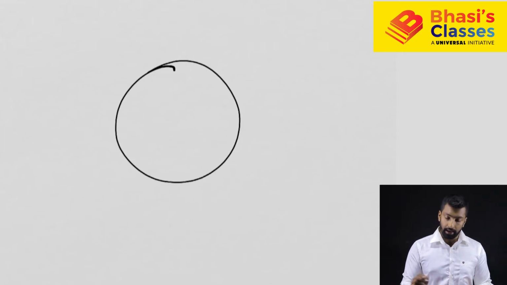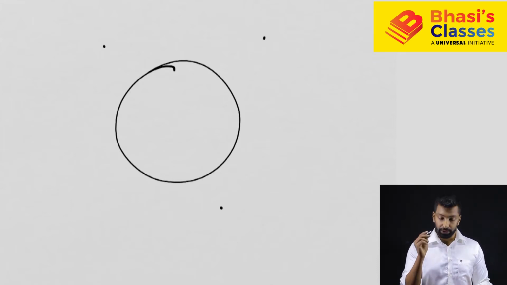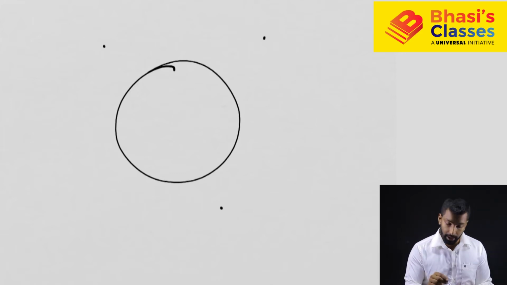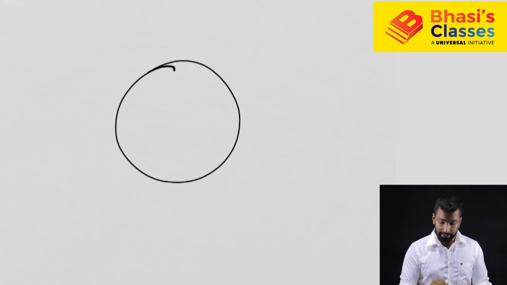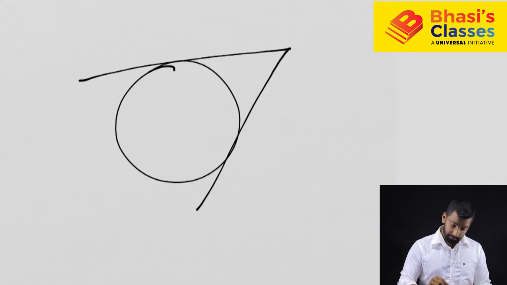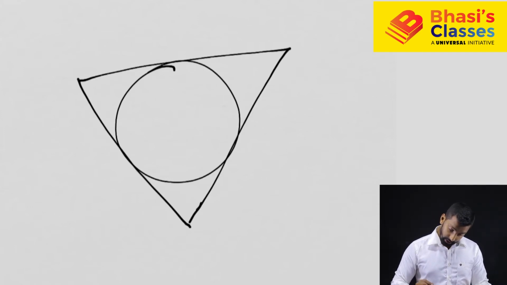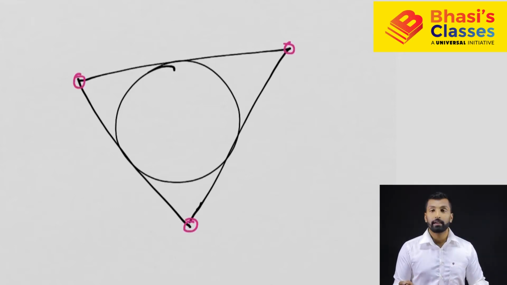Now if you see 3 points outside the circle like this, then also you should think of joining points. You should think of making a triangle. You can basically make a triangle by joining the tangents. It will be like this. So you see 3 points outside the circle, think of a triangle.